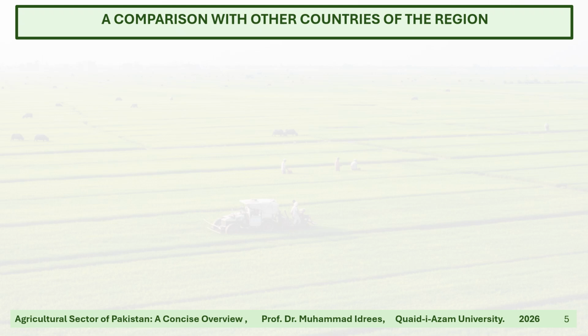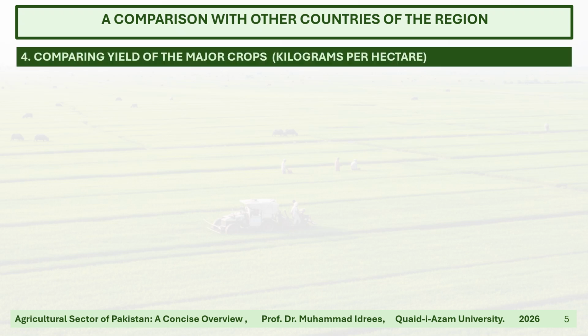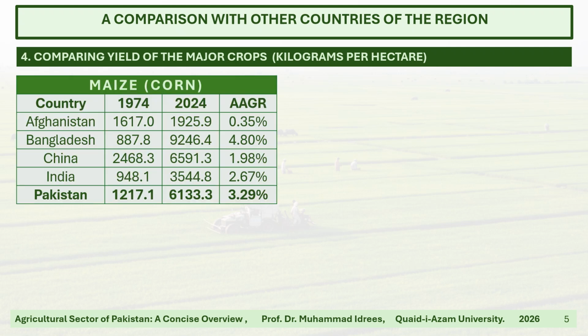Now, we will have a comparison with other countries, and for this, the parameter is yield. This table is showing the per hectare yield of maize. The reference periods are 1974 and 2024.